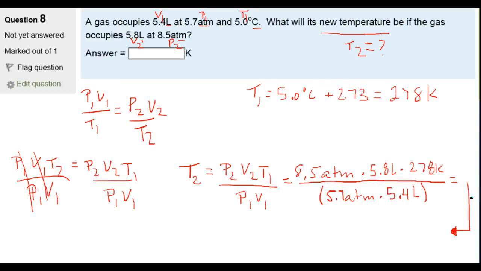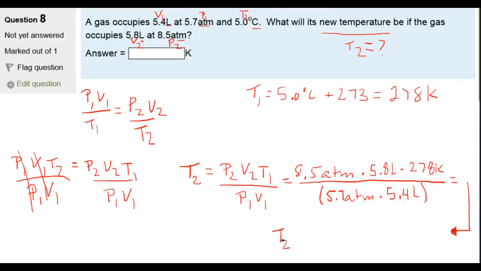All right, so we get 8.5 times 5.8 times 278. And we're going to divide that by parentheses 5.7 times 5.4. I'll close those parentheses and hit equals, and I end up with 445.270.